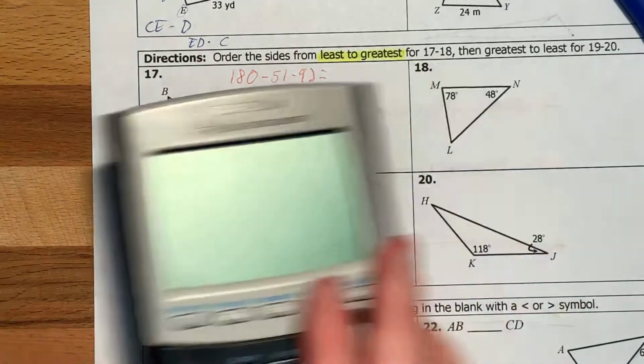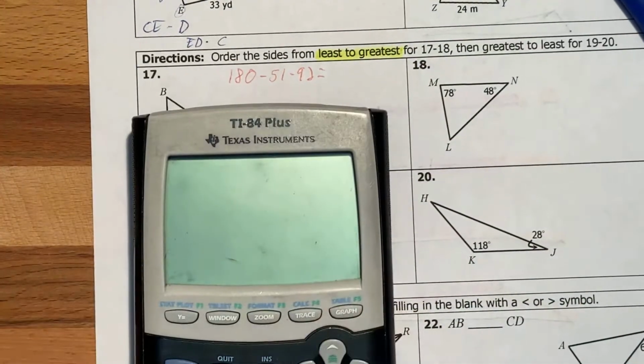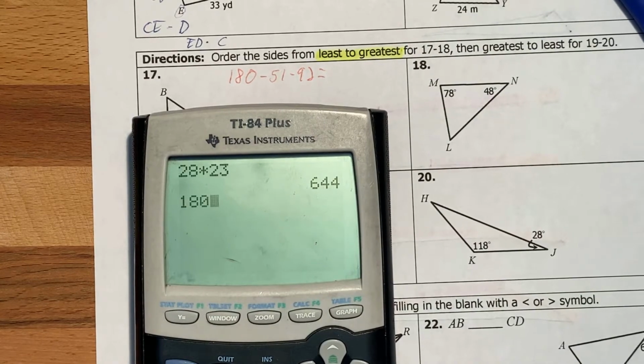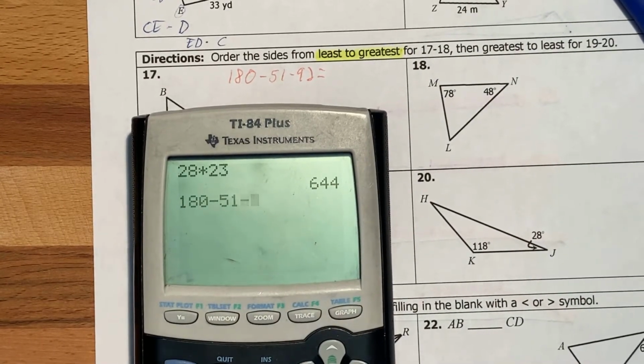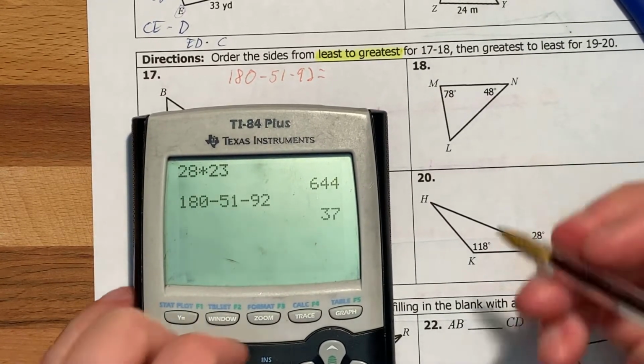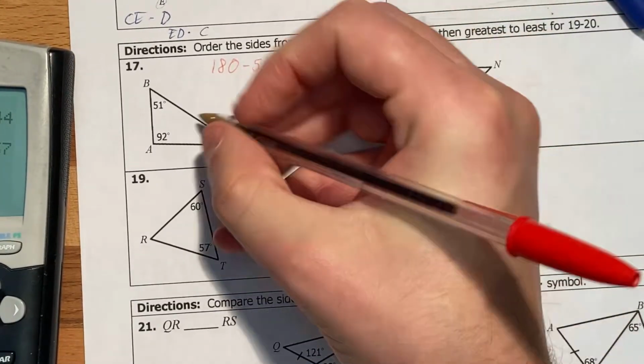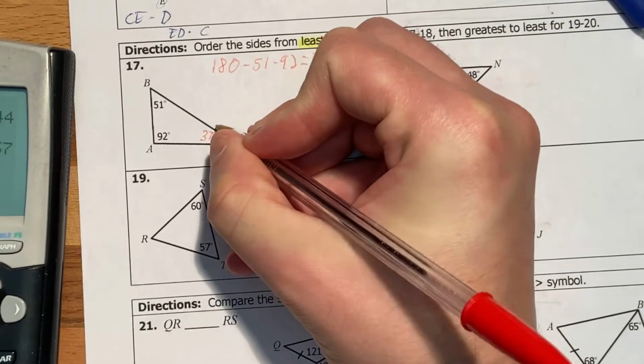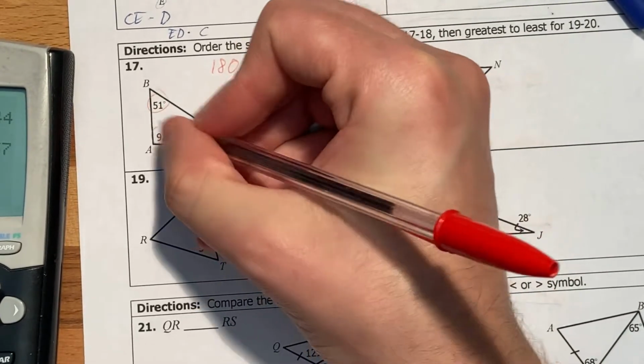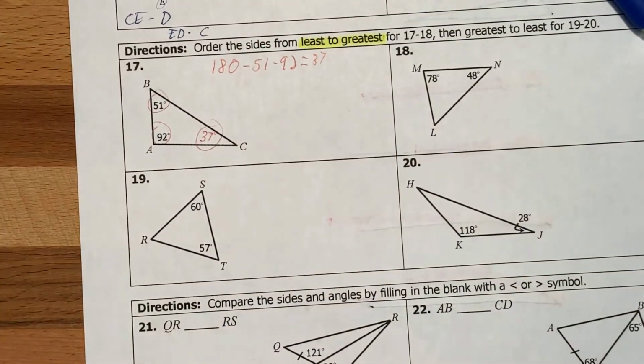So let's do it with our handy dandy calculator. And it looks like it's 37. So this has to be 37 degrees so that all of the angles will add up to 180.